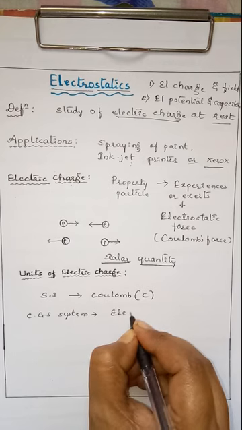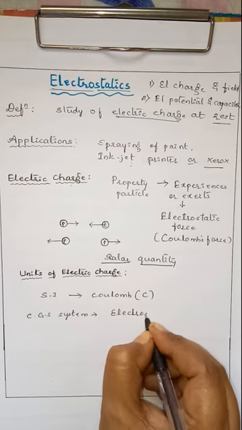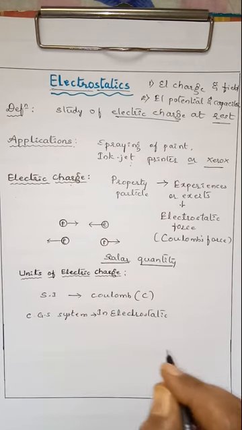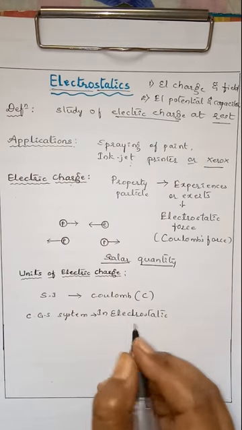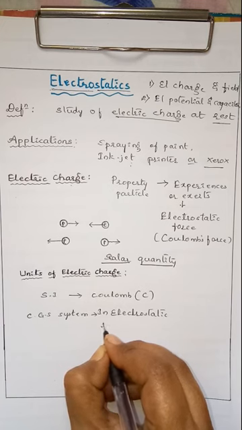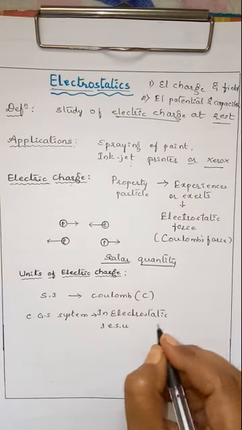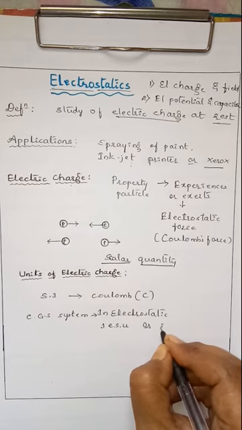In electrostatics, we make use of the unit ESU, electrostatic unit, also known as stat coulomb.